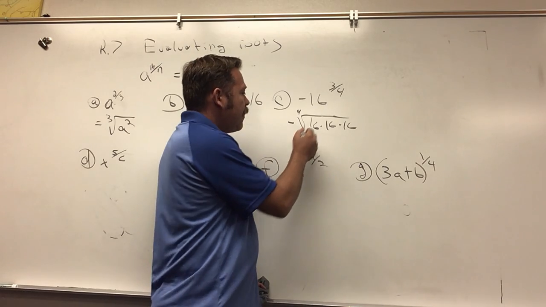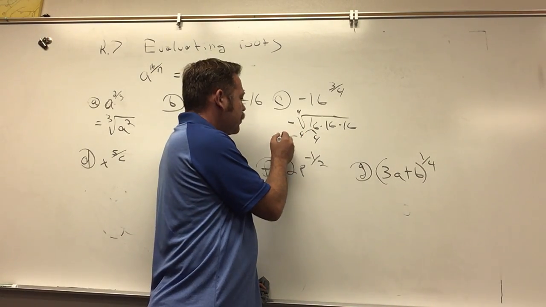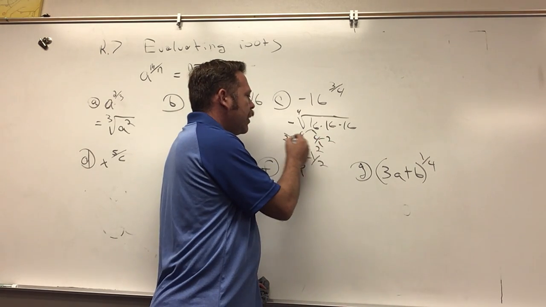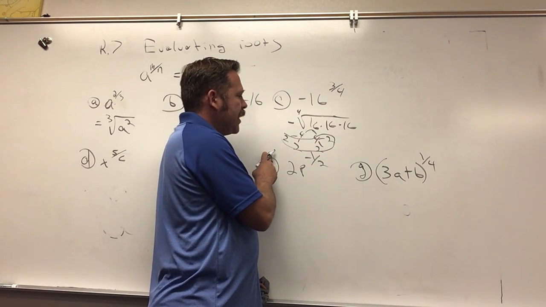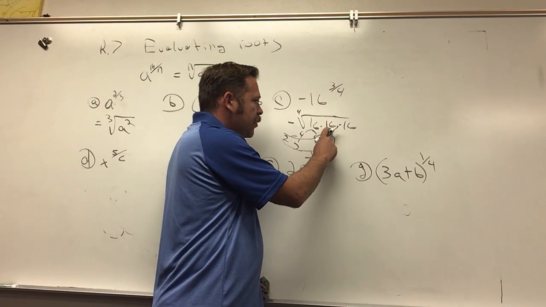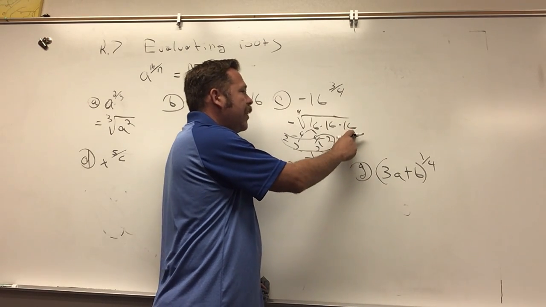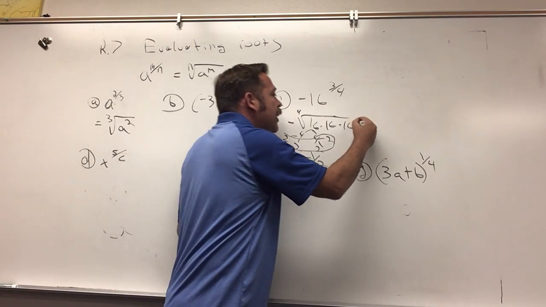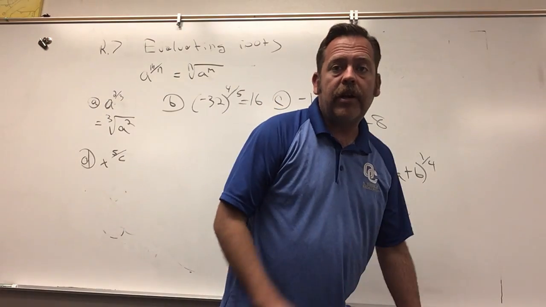If I break it down to 4 and 4, and then to 2 and 2, 2 and 2, each 16 is going to give me a quadruplet of 2's. So I have a group of 2's from each 16. 2 times 2 times 8. So I have an 8 coming out, and that's going to join this negative, so I get negative 8. You can plug that right into your calculator, it'll give you negative 8.